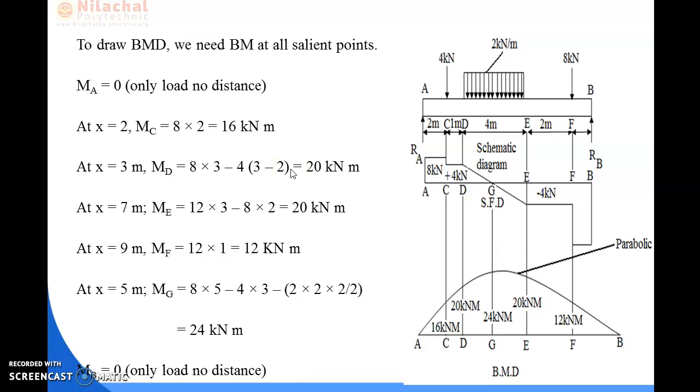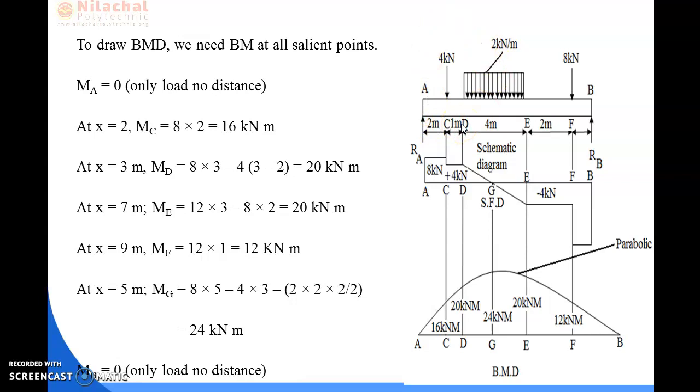Now we will calculate the bending moment at point E. As I said before, for the bending moment at point E and point F, we need to consider the right side portion of the beam, because the right side portion has less loading compared to this portion.